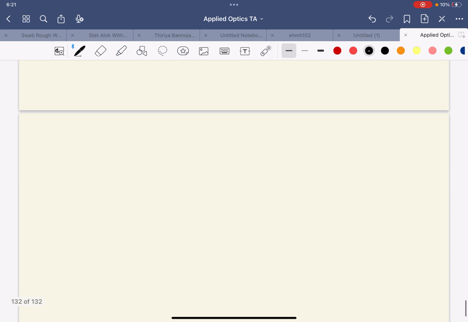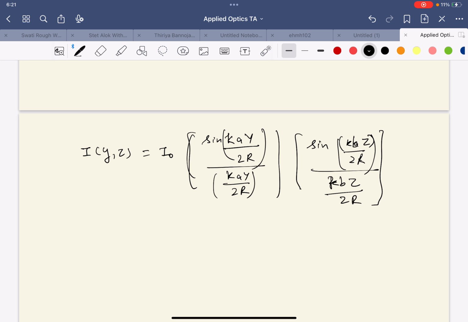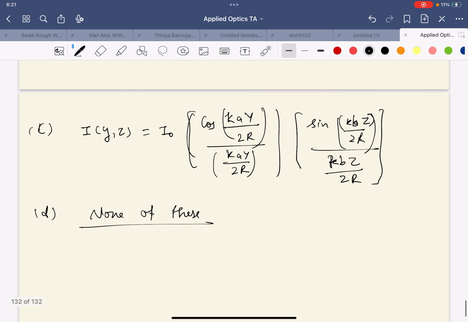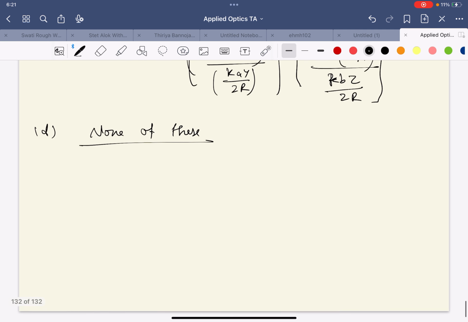Similarly, the third option is with this is cos and this is sine, and option D is none of these. So let's discuss the rectangular aperture and the far field.